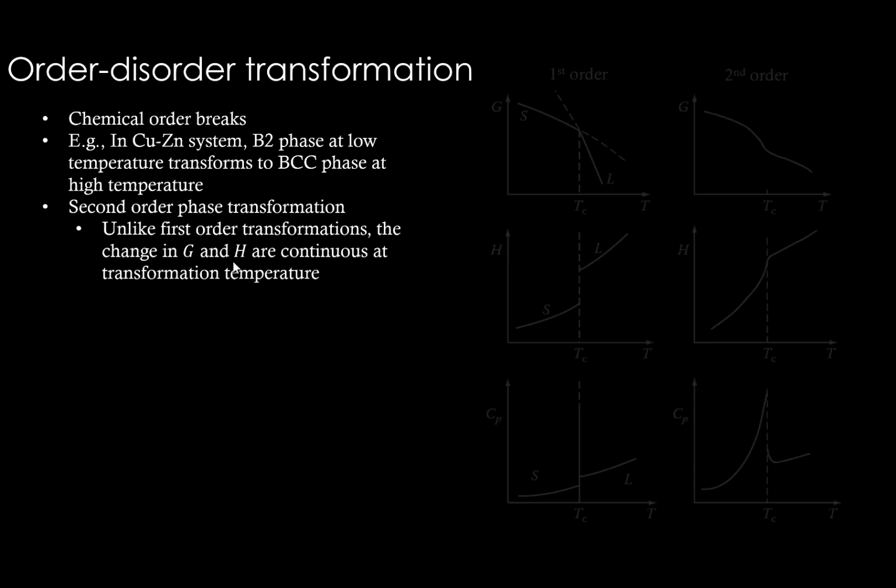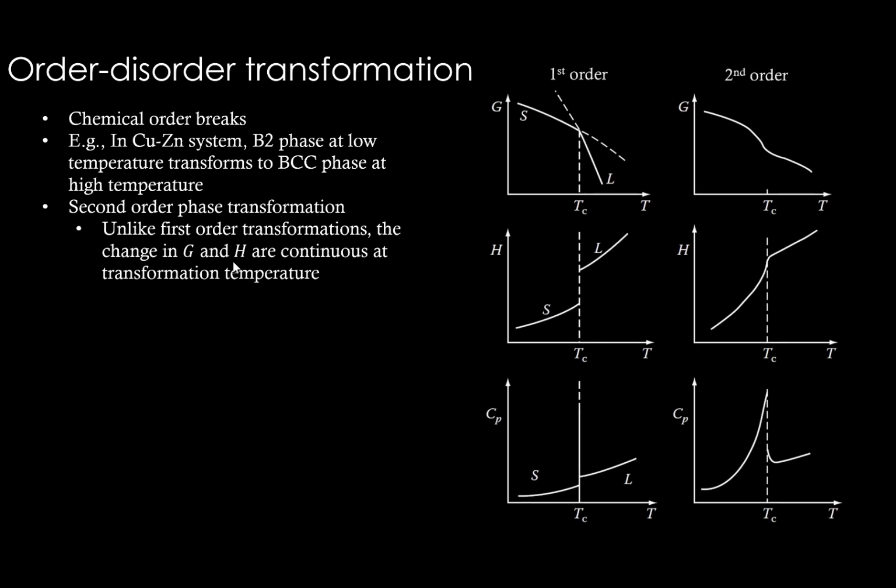Let us bring both kinds of transformations and understand these things together. Now, first order and second order are here. In first order, how G, H and Cp look against temperature and how they look in the second order transformation, it is here. You look at it carefully, this kind of diagram we have seen, G versus T, a solid curve will be the lowest compared to the liquid curve below the melting point, and beyond that liquid is going to be the lower one.